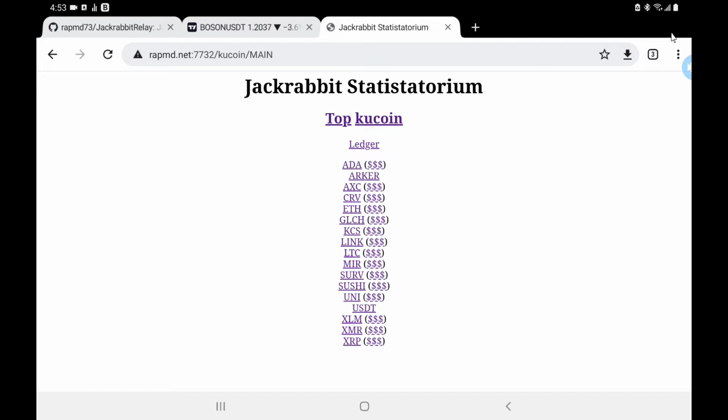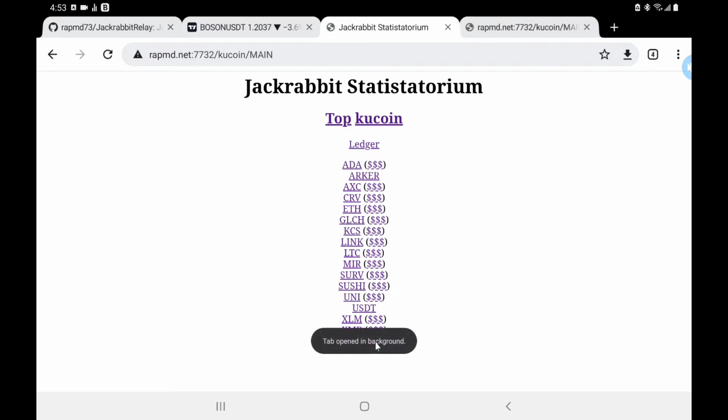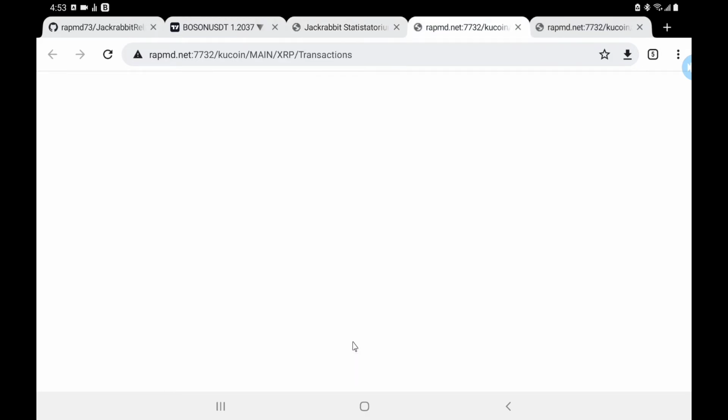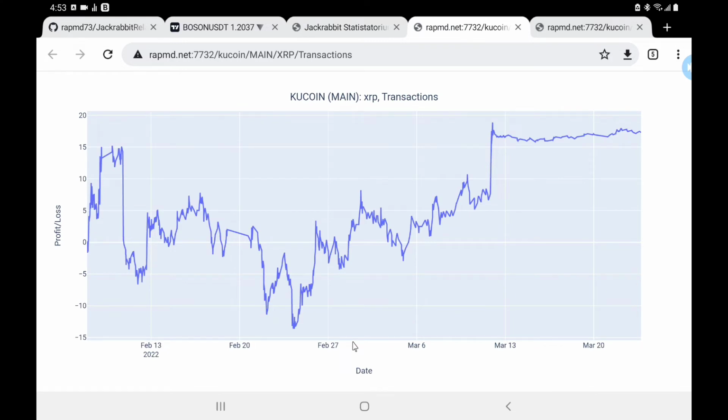That is where the statistitorium comes in, because it will show you your unrealized losses and your realized profits. So let's take a look at the transactions and now the coin holdings. So here, my actual transactions of XRP.